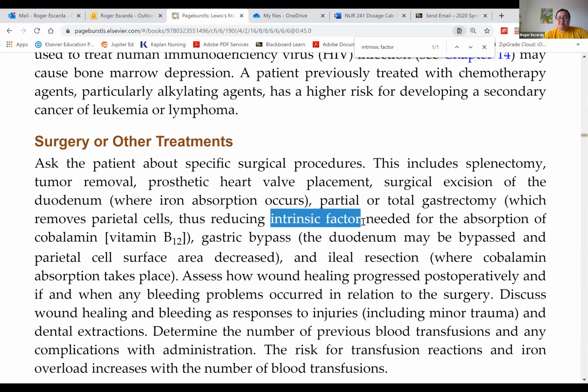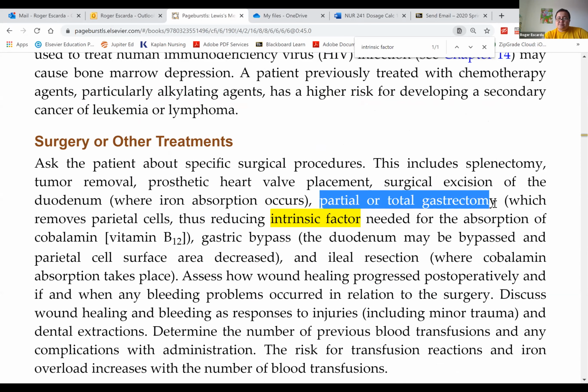So this might not be present anymore if the patient undergoes partial or total gastrectomy, because this intrinsic factor is only produced in the stomach. So if the stomach is gone, either totally gone or you have half a stomach left, then you have no intrinsic factor or not enough intrinsic factor in order to absorb B12. And as a result, even though you have lots of B12, you cannot absorb it.